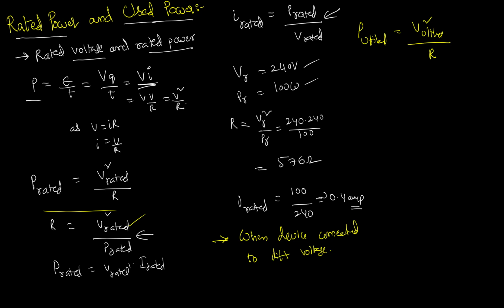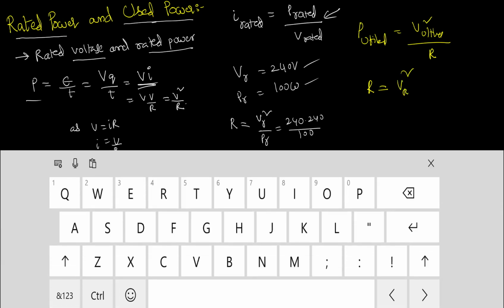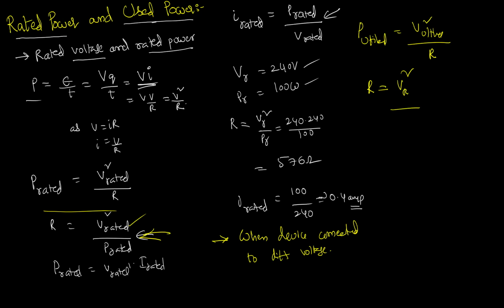So we can calculate how much power is utilized when a particular voltage is given, using the fact that resistance is constant. From here I can write the resistance formula as voltage rated square by power rated, which equals voltage utilized square by power utilized.